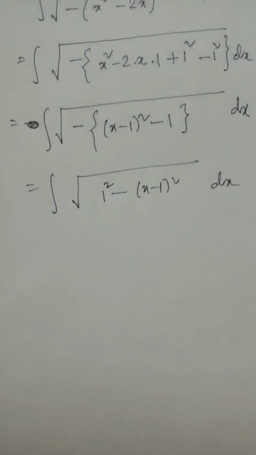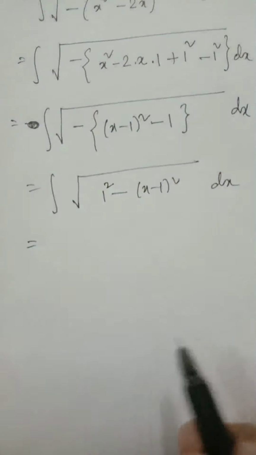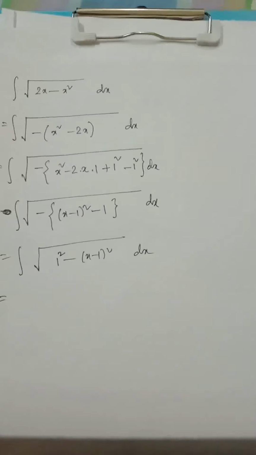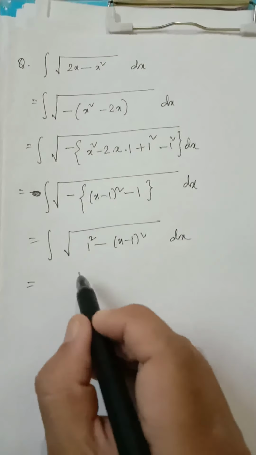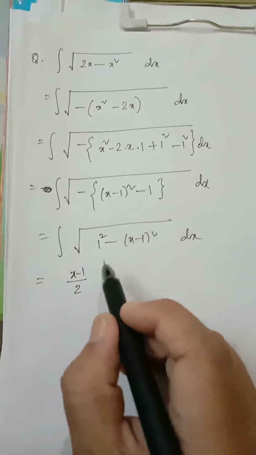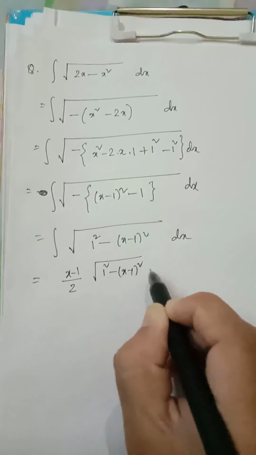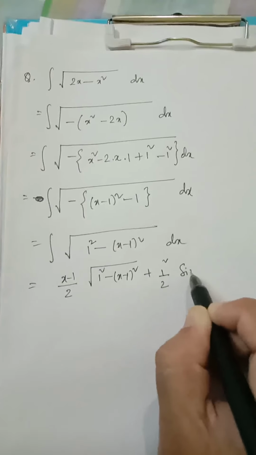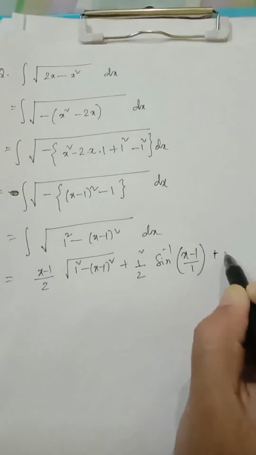Now this integral is of the form a square minus x square dx, directly applying the formula. Okay, if we apply the formula directly without substitution, we will get x by 2 root over a square minus x square plus a square by 2 sine inverse of x by a plus c.